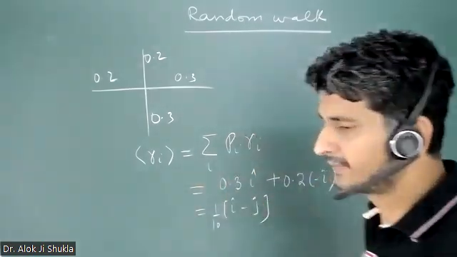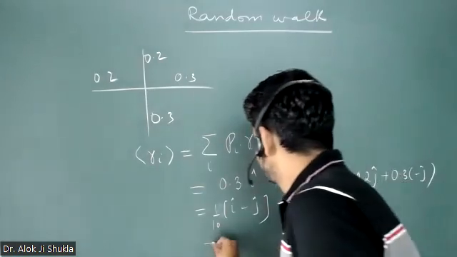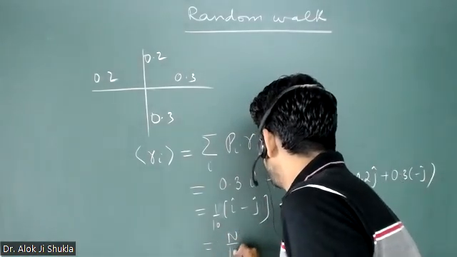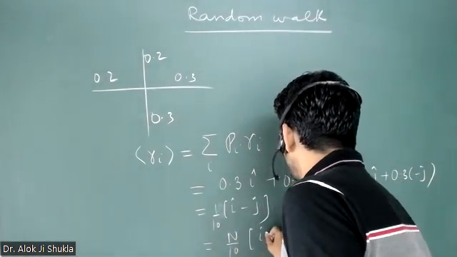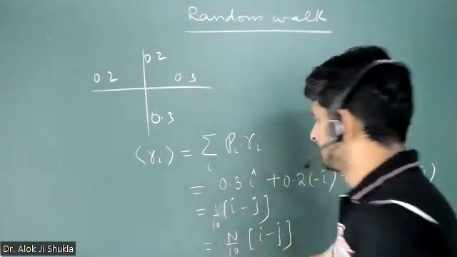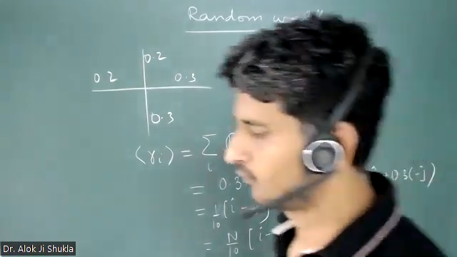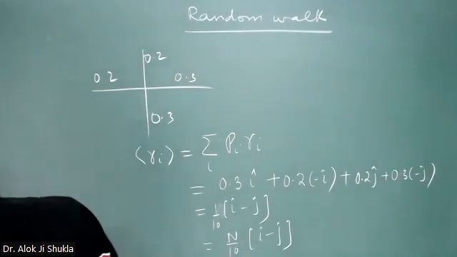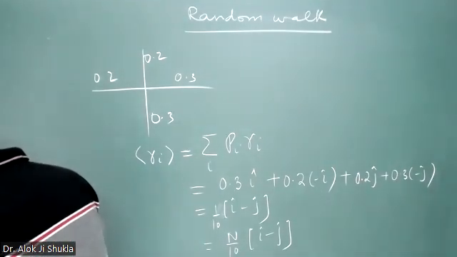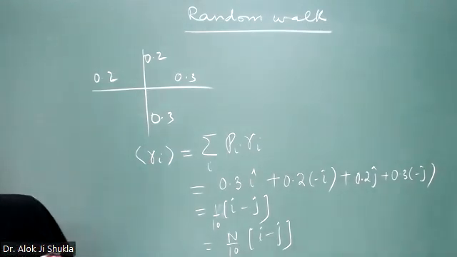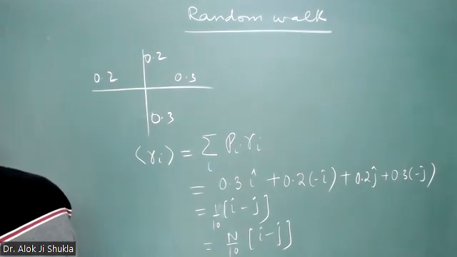And after n steps, we multiply by n: n/10 times i cap minus j cap. Is that okay? So these questions, just in reading, may look difficult to you, but actually they are not difficult.